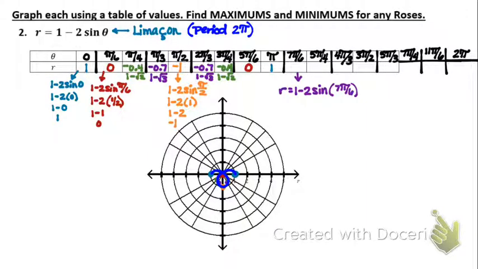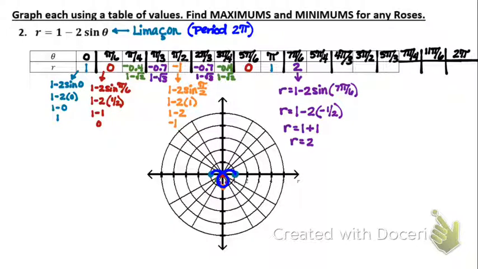What is the sine value of 7 pi over 6? Negative 1/2. So I have r equals 1 minus 2 times negative 1/2. Negative 2 times negative 1/2 is what? Positive 1. So I end up with an r value of 2 here.